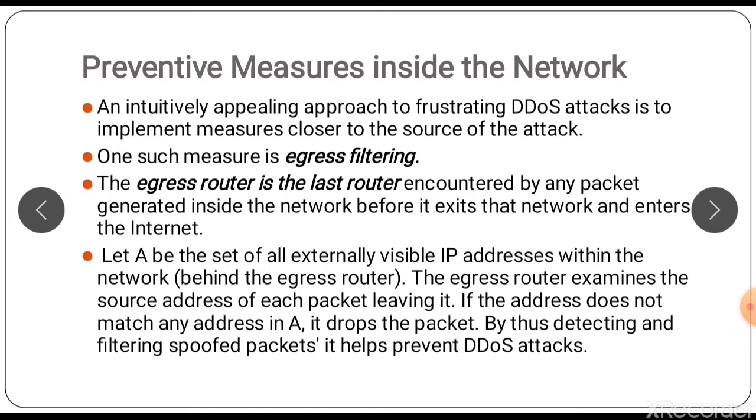The idea of egress filtering has been extended to routers in the core of the internet. Internet routing is done based upon the destination address contained in the packet. A filter, on the other hand, uses the packet source address to make a decision on whether or not to discard the packet.